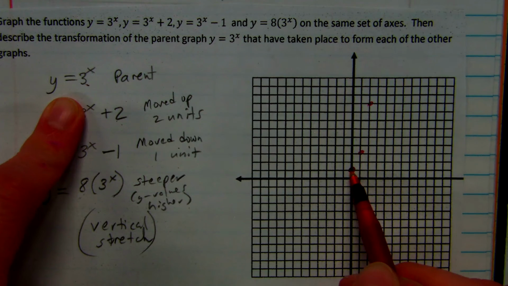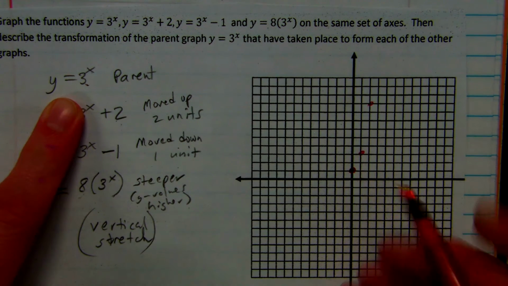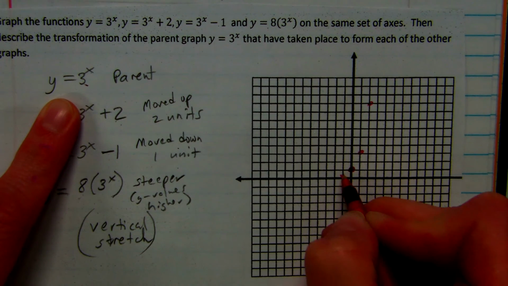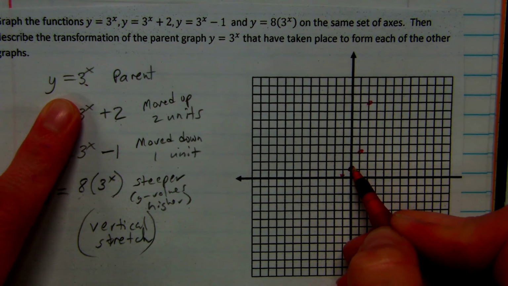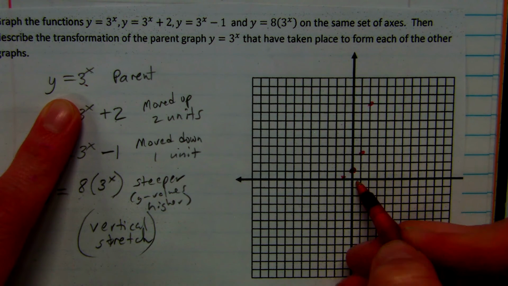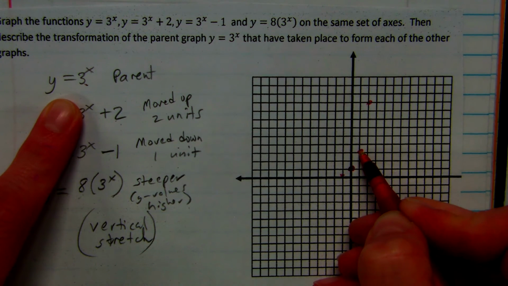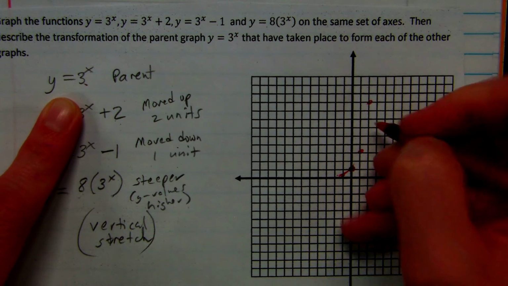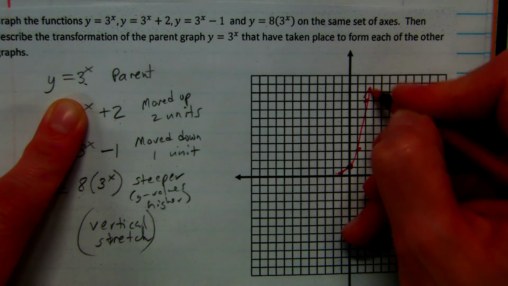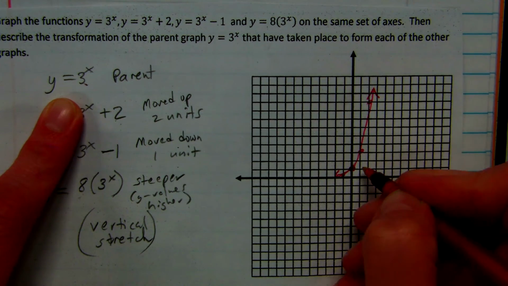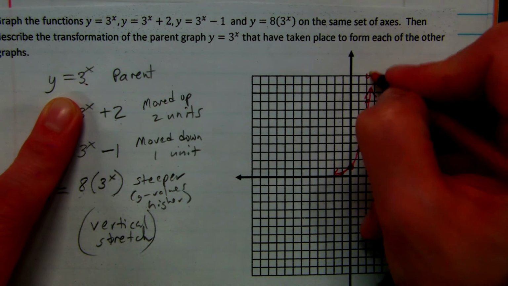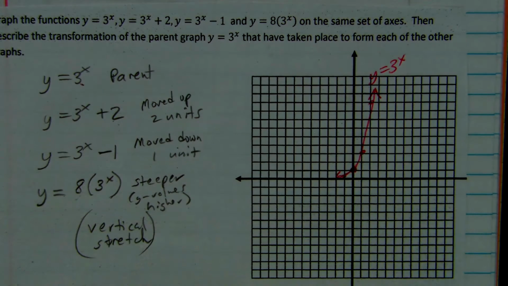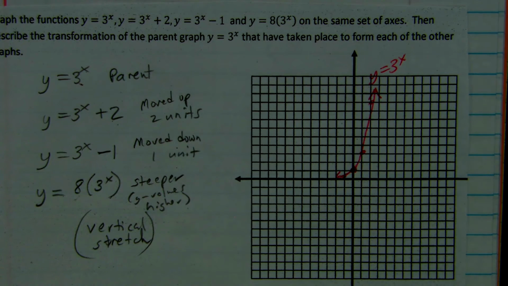I'm doing the parent graph. I'm pretty sure that goes through 1. It goes through 1. 3 to the 0 power is 1. And then at 1 it'll be 3, because 3 to the first power is 3. Okay. I don't understand what you're saying, so I'm just going to keep going. Okay. So there's red, so that is y equals 3 to the x that I have in red.